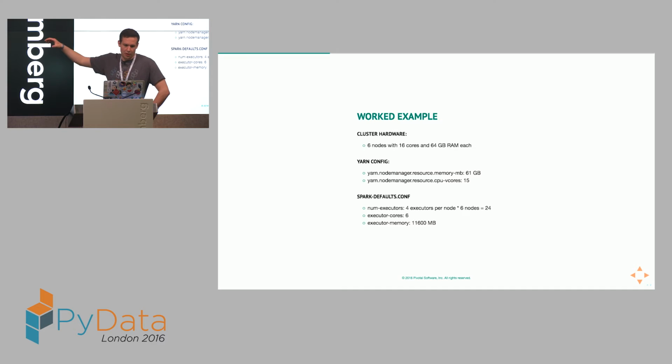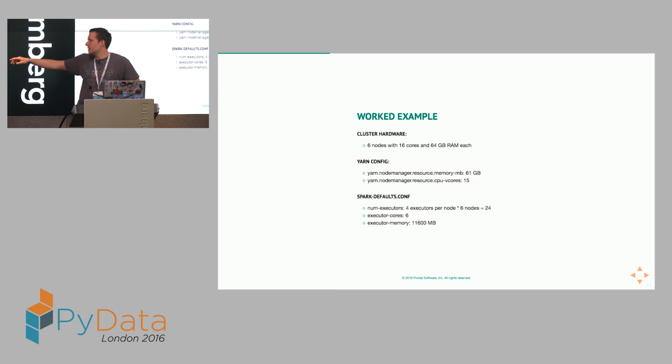Each have 16 cores and 64 gigabytes of RAM each. And you have to leave some resources for the OS and the Hadoop processes. So you'd approximately set your node manager resources to about 61 gigabytes in this example. And you also have to leave 1 core for the OS here. So you use about 15 cores here.